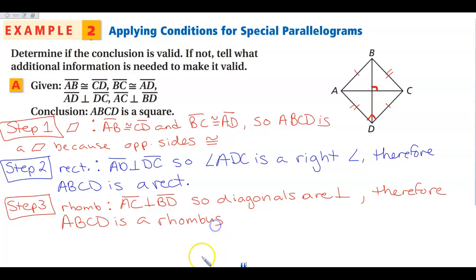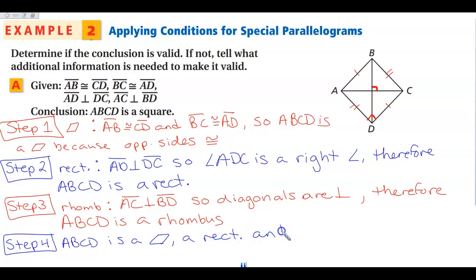All right. And then the last thing on your notes is step 4. It says, is ABCD a square? So ABCD is a parallelogram, a rectangle, and a rhombus.